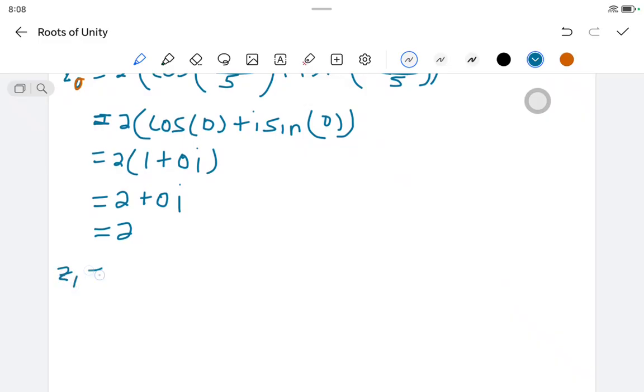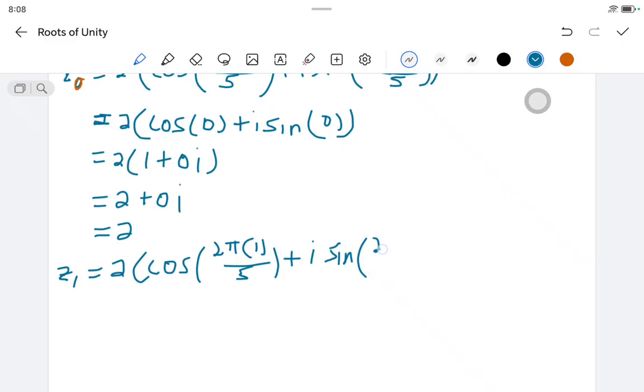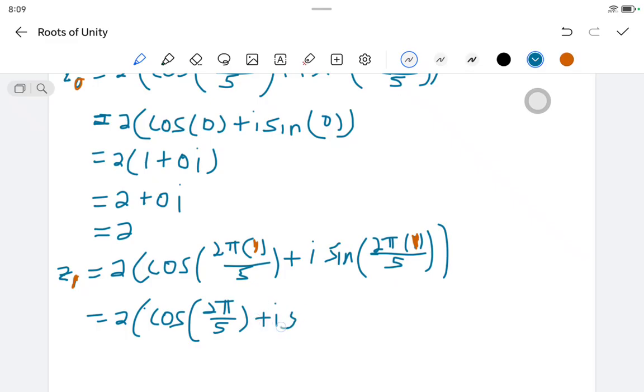We have Z of 1 is equal to 2 cos of 2 pi 1 over 5 plus I sine of 2 pi 1 over 5. If we check, the only thing that changed is this. The formula is still the same. And this will be equal to 2 cos of 2 pi over 5 plus I sine of 2 pi over 5.